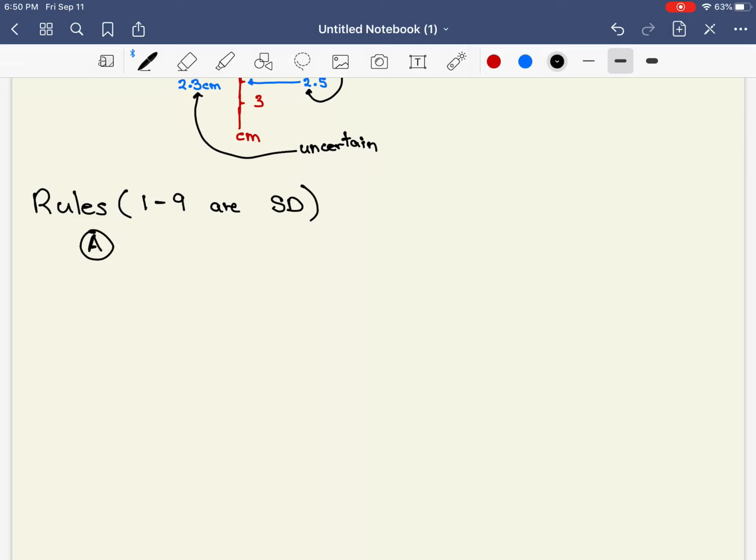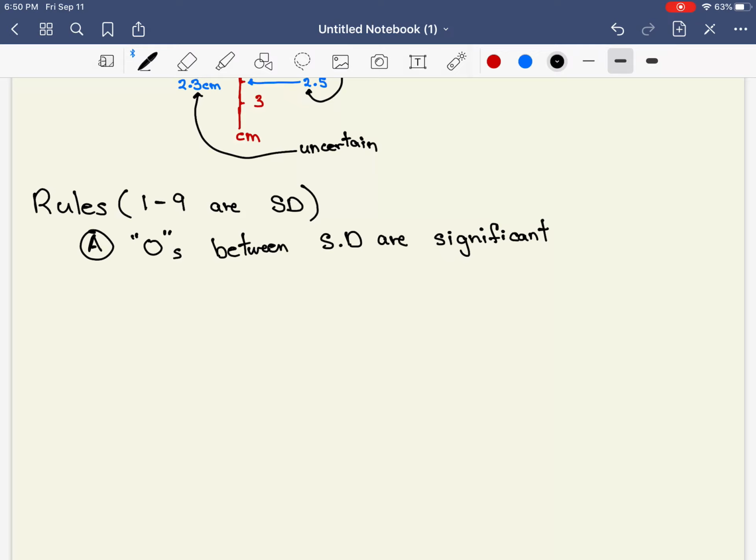Let's take a look at the first rule, rule A. When you have a 0 between significant digits, this 0 is said to be significant. So 0s between significant digits are significant. This 0 does mean something.